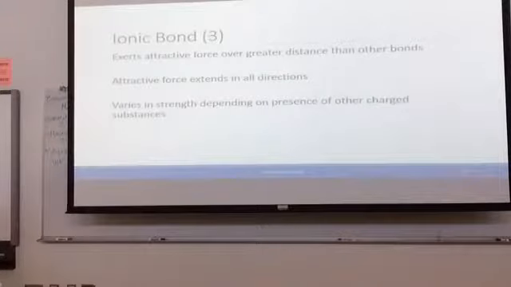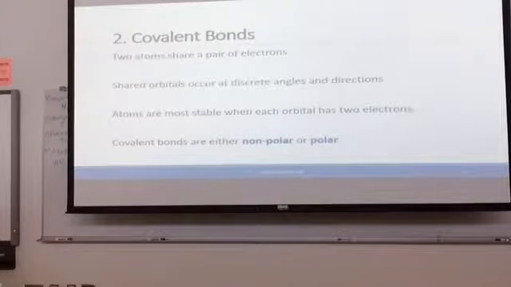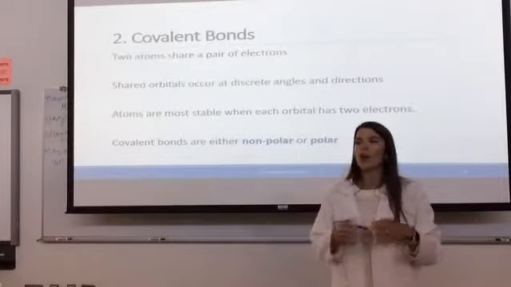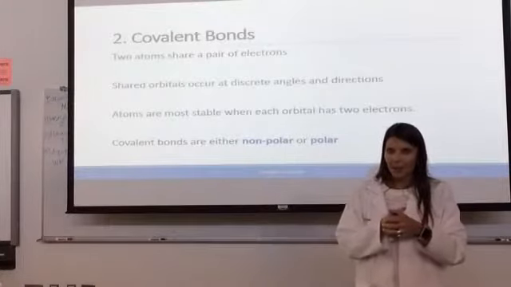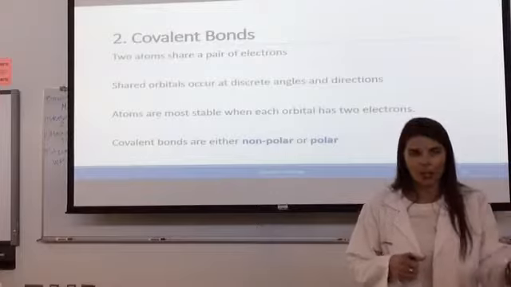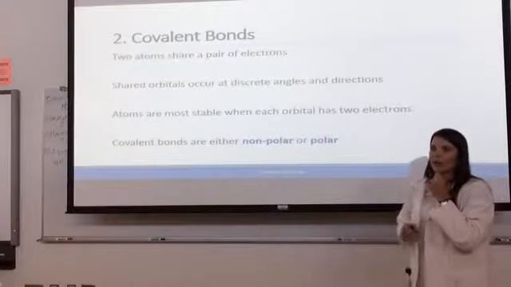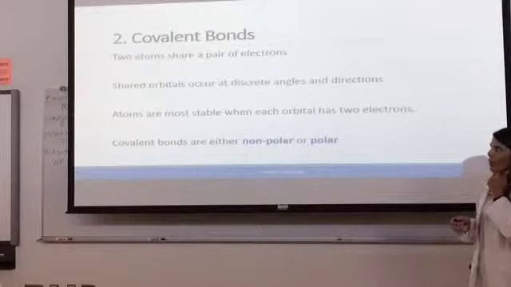All right. Now, covalent bonds. We are not gaining or losing electrons with covalent bonds. We are sharing. So there will be a physical connection. We will physically be holding on to one another. Covalent: we are sharing electrons.